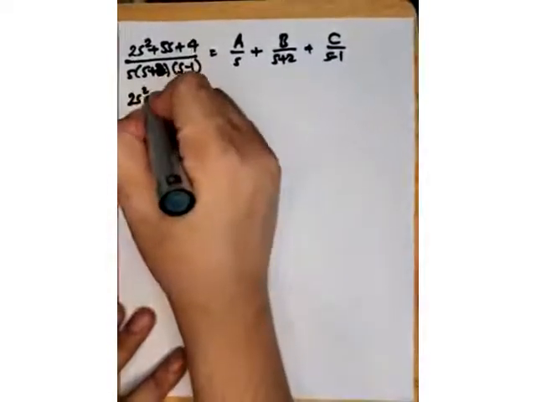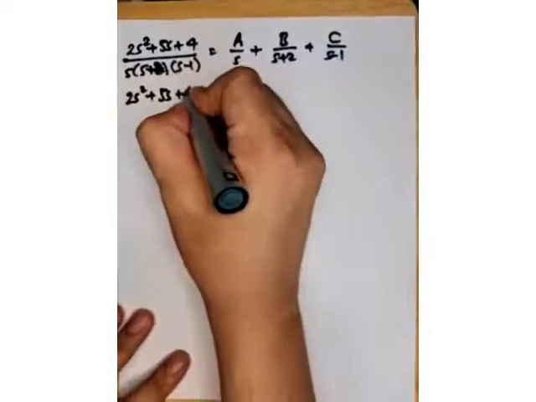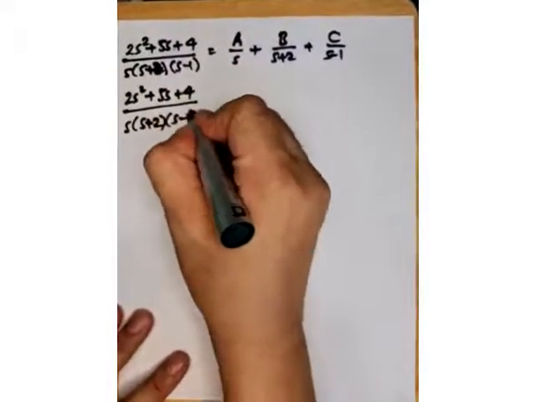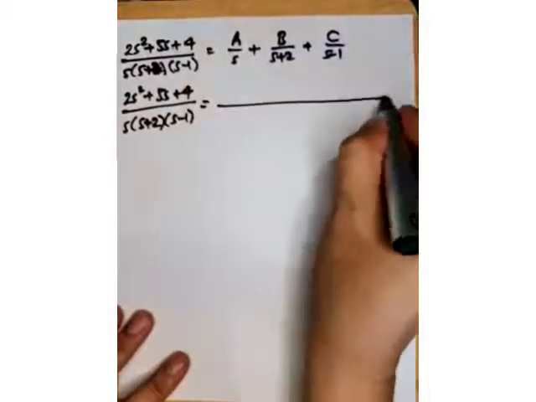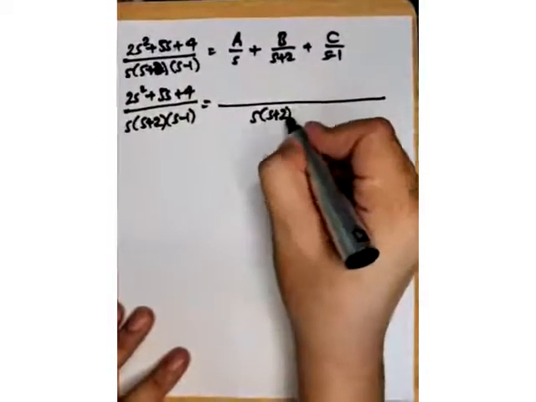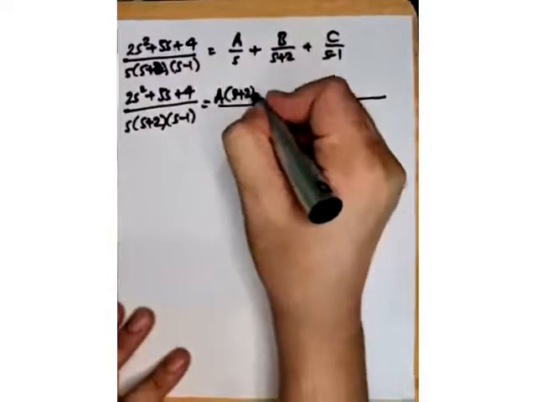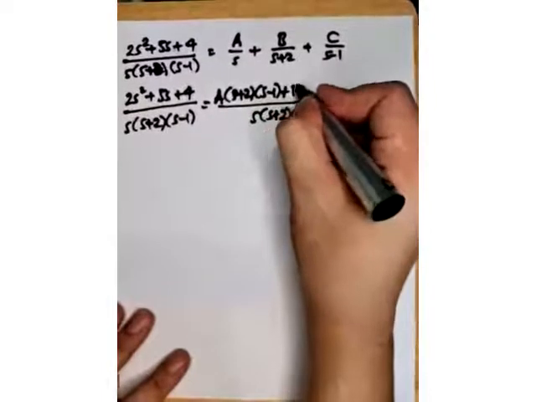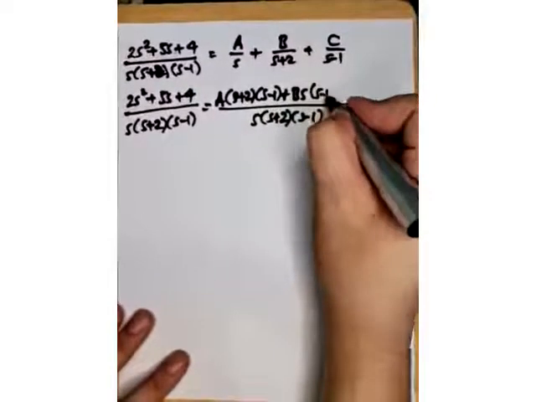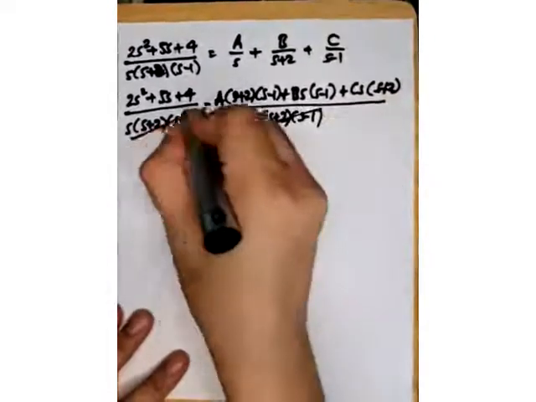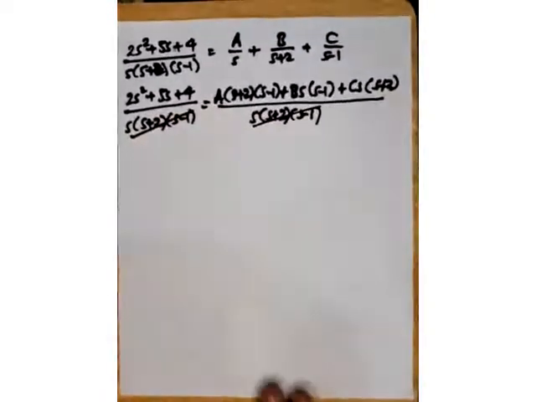So, that's equal to, all over S times S plus 2, S minus 1. So, A times S plus 2, S minus 1 plus BS times S minus 1 plus CS, S plus 2. And then we cancel the denominator.